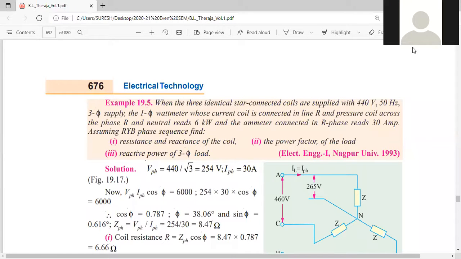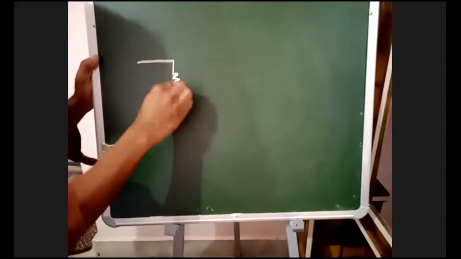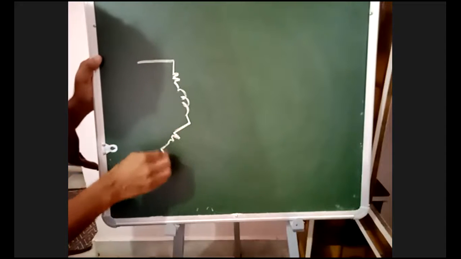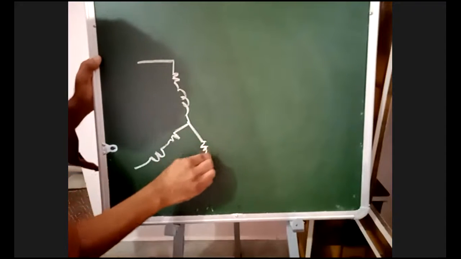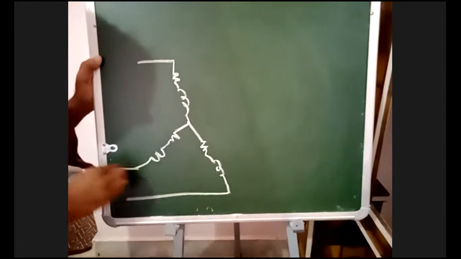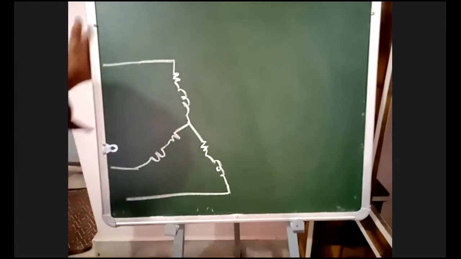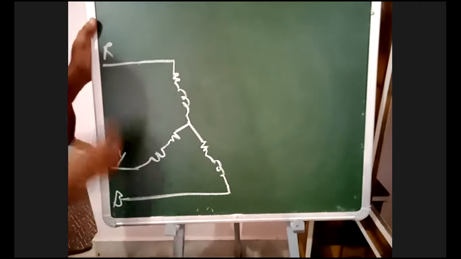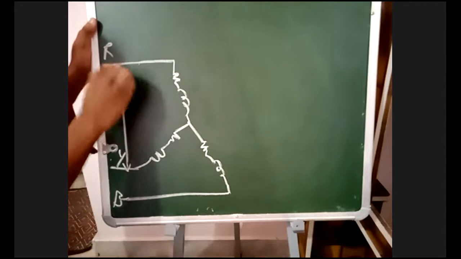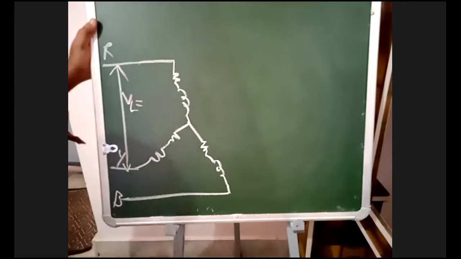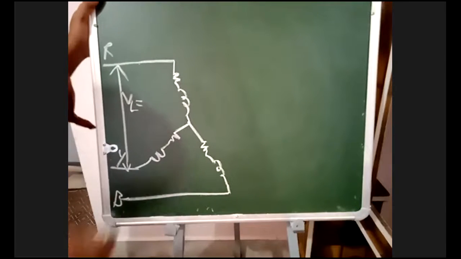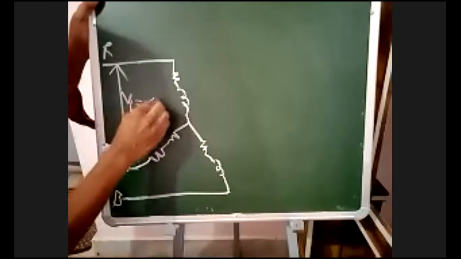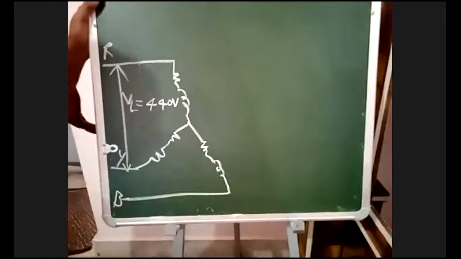Yes, sir, complete. See here. He is giving a coil. Coil means resistance and inductance. Inside the coil, we are having resistance also. He is giving three phases: R, Y, and B. What is the line voltage he is giving? 440 volts.